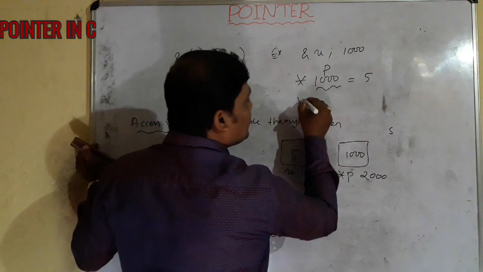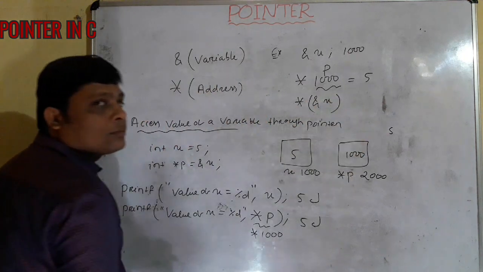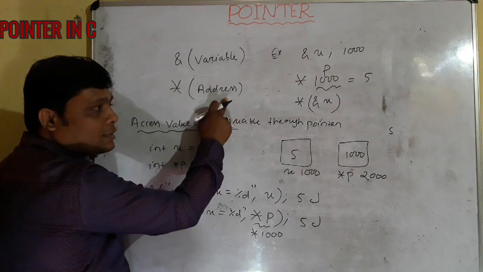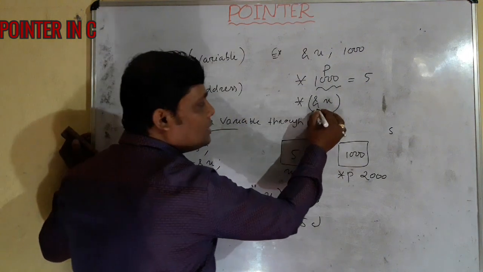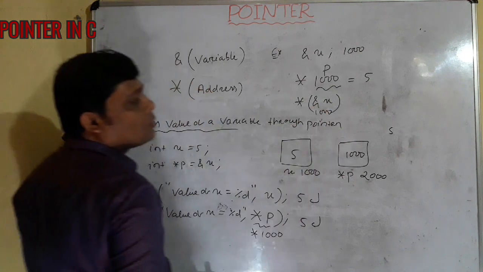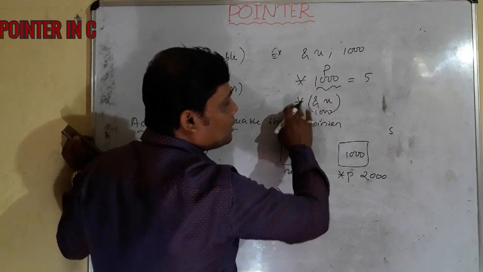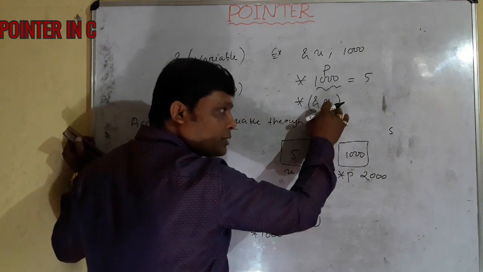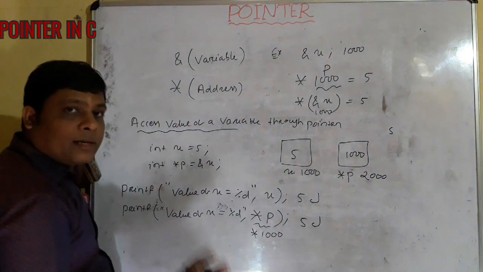Or you may write *&x. I have told after star there will be one address. So &x means the address of variable, that is 1000. Star means the value at 1000, the value at 1000, that is 5. Clear?